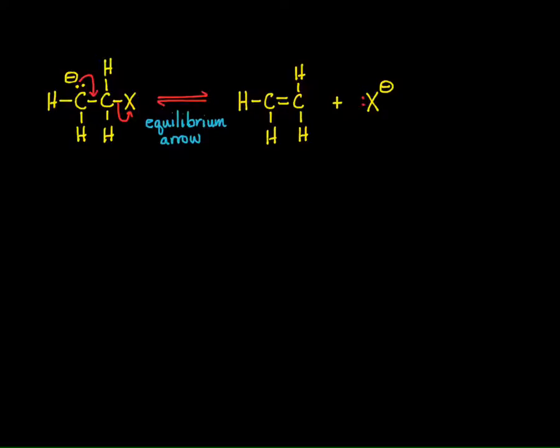If X is neutral and it has accepted that pair of electrons, then it automatically has to take on a negative charge, right? And so again, think about the balancing of charges. We start off with a molecule that has a negative charge. We end up with two molecules, one that's neutral, but the other has to have that negative charge.